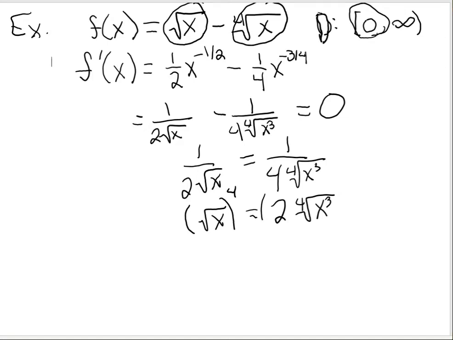Apply a fourth power to both sides. On the right, you actually get x squared because you have a square root of a square root raised to a squared power raised to another squared power. So that is squared and then squared again.